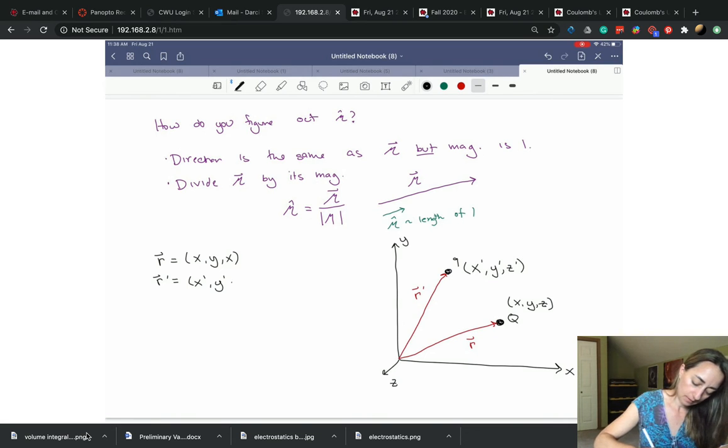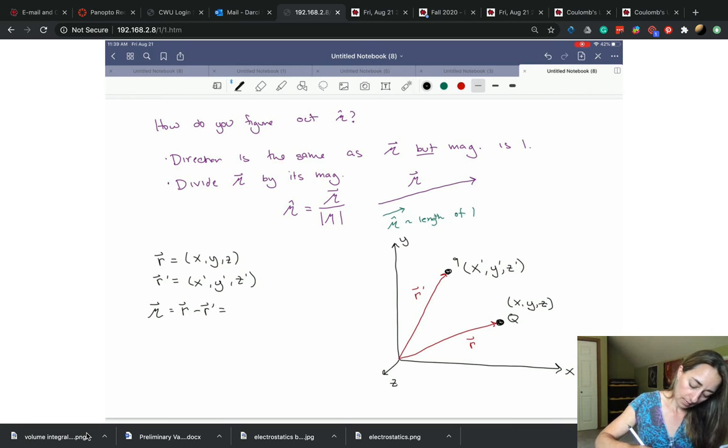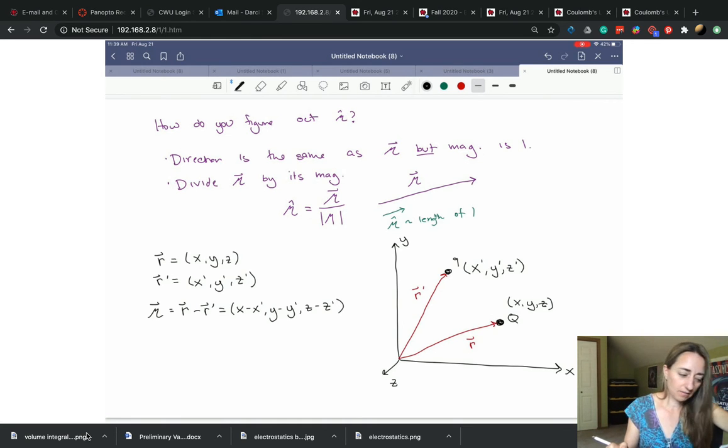If I wanted to figure out my separation vector using our coordinates, I'm going to take my position vector for my test charge minus my position vector for my source charge. And if I know what the actual x, y, z positions are, it's as simple as this. That's not too bad, right?